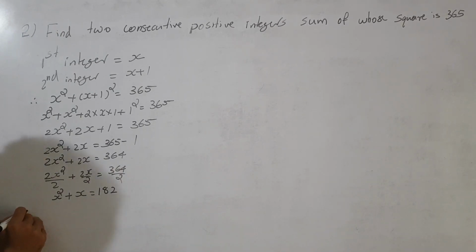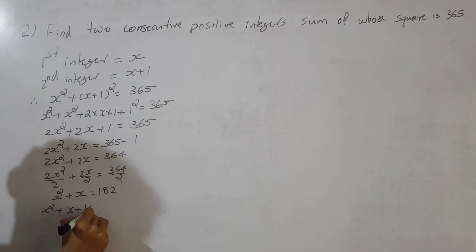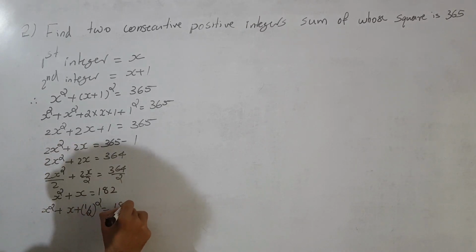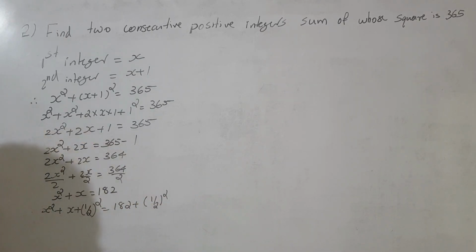Then how to write? Therefore x square plus x plus (1 by 2) whole square is equal to 182 plus (1 by 2) whole square. Then this one in the form of a square, this is a square plus 2ab plus b square.